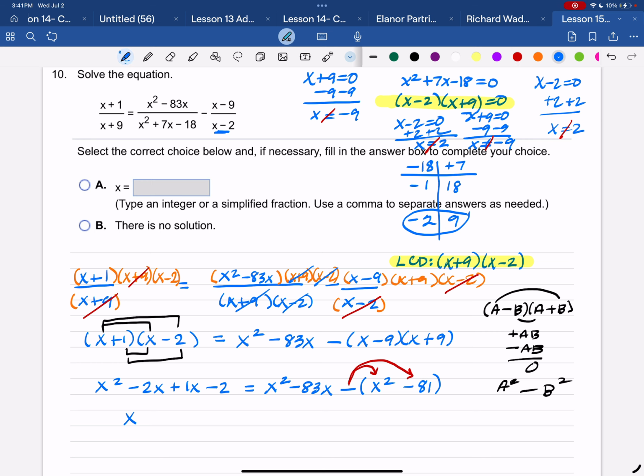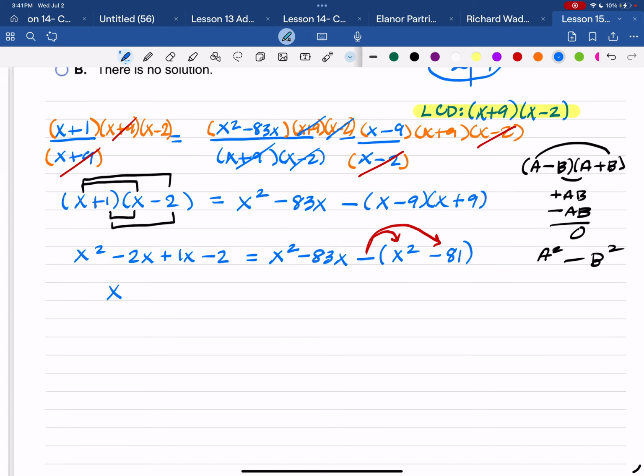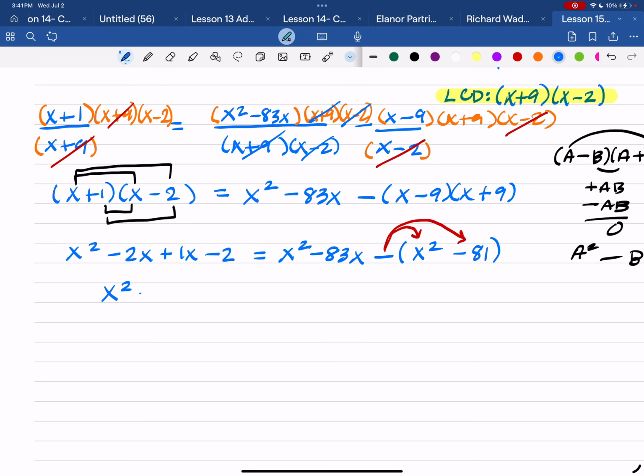So on the left-hand side, I'll simplify. X squared minus 1x, and you don't have to write the 1, but it's okay if you do, is x squared minus 83x minus x squared plus 81. And that's the toughest part of this problem right there, getting that sign right.